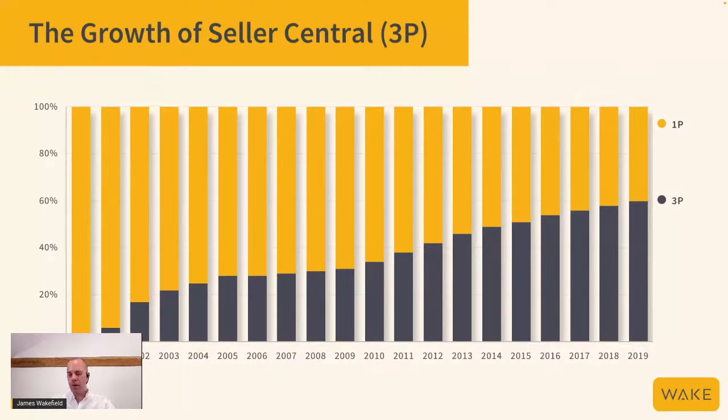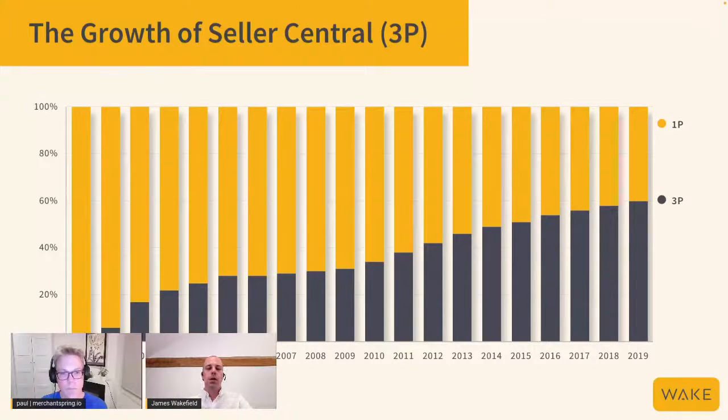And okay, Vendor Central, otherwise known as 1P or first party, is, say, under 40% of overall revenue recently, but that still represents hundreds of billions of dollars in annual revenue. So I think it would be stupid to ignore vendor as a channel.